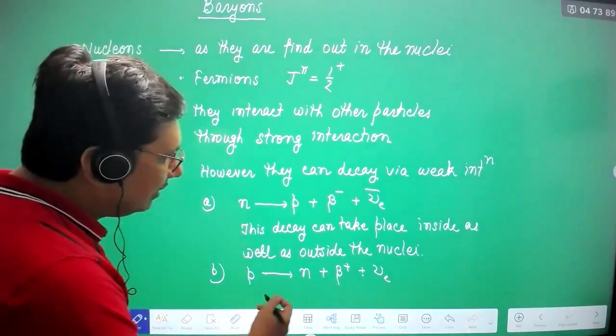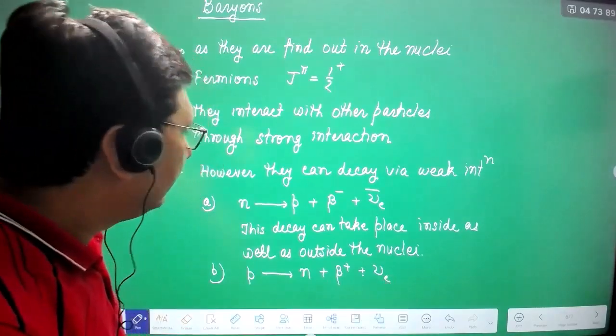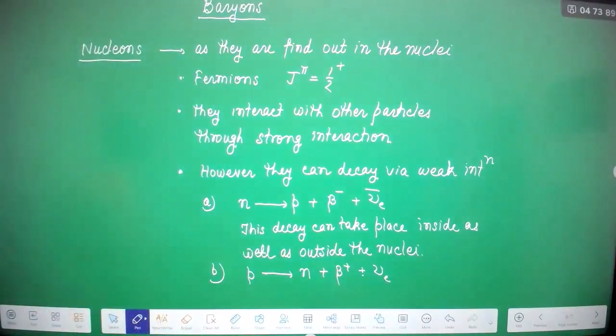Please write, this decay can take place only inside the nuclei. Outside the nuclei, this decay is not possible.